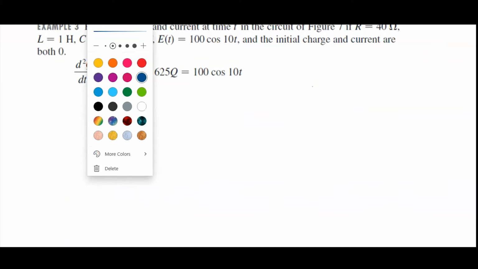Okay, here we go. So we say Q, which is a function of t, we'll just guess with e to the RT, the usual way. And then this thing becomes, of course, r squared e to the RT plus 40r e to the RT plus 625 e to the RT.